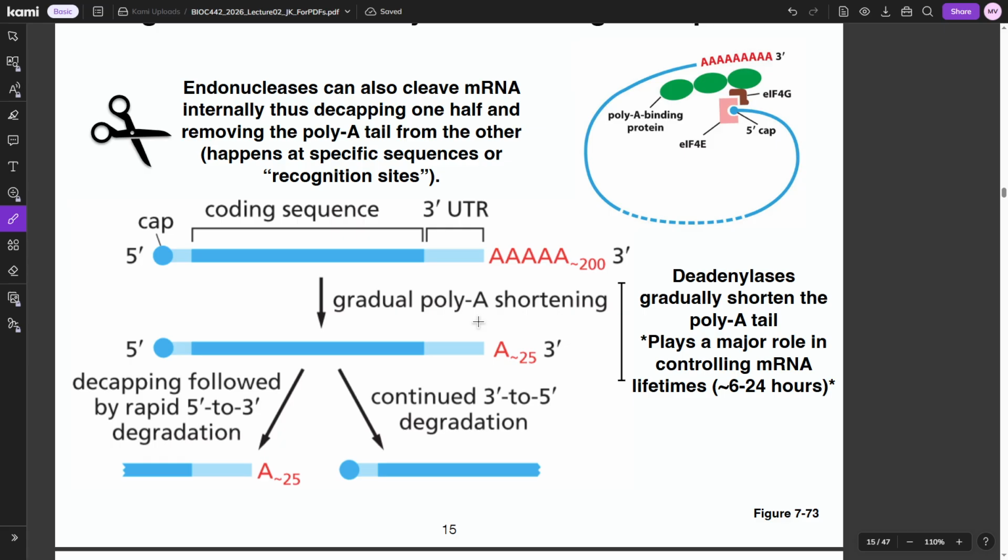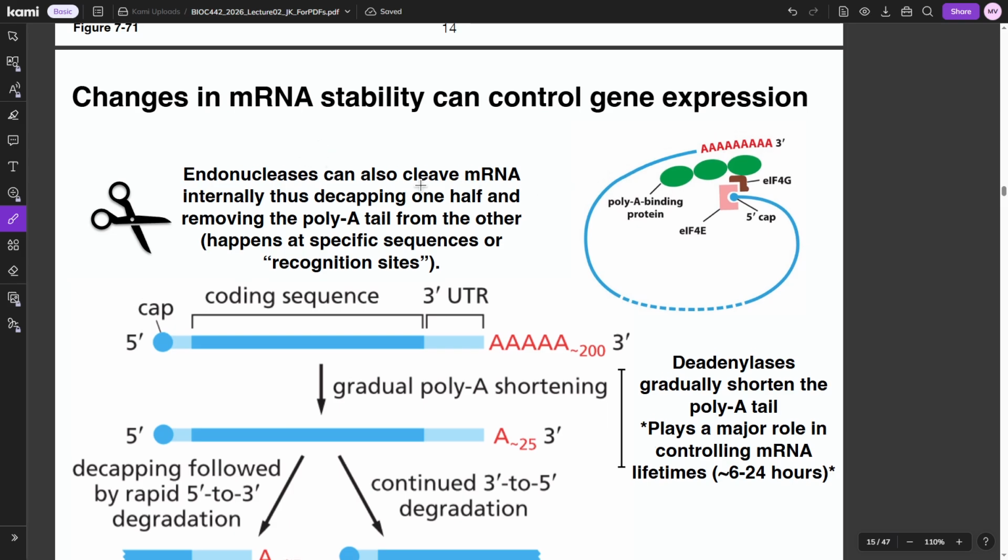Talked about this already. Don't think it's too important to go over this again, but basically, like I talked about before, endonucleases, you guys have talked about endonucleases, right? They cleave DNAs and mRNAs and all that stuff from the inside out, and the opposite of that is an exonuclease. Exonucleases start from the outside and go in.